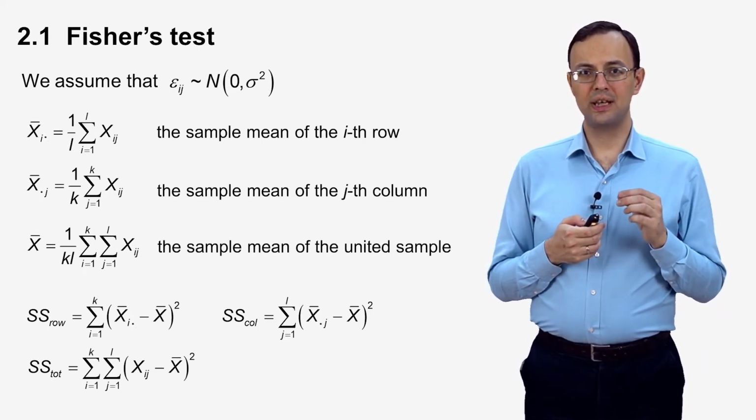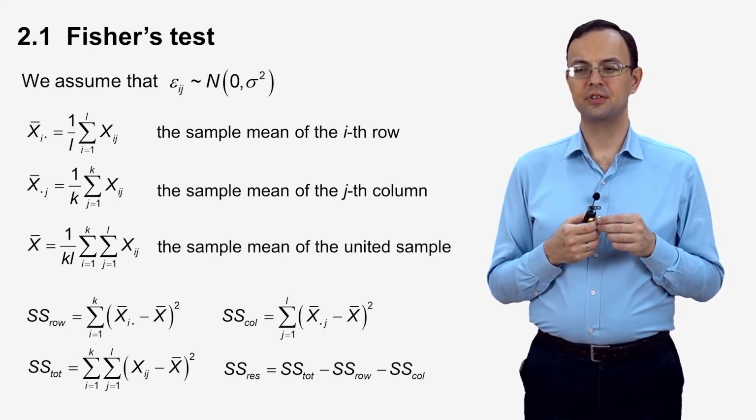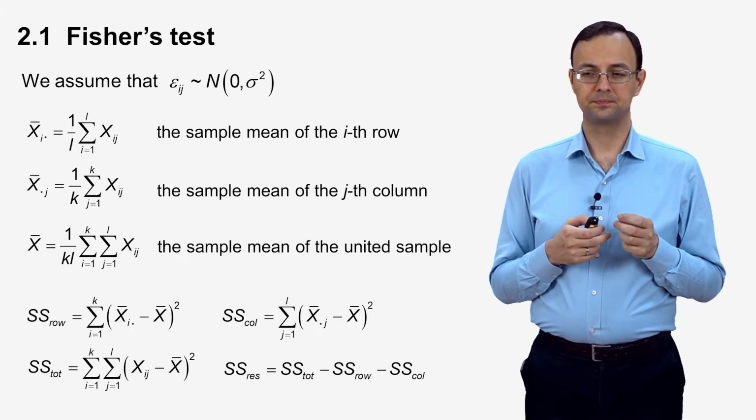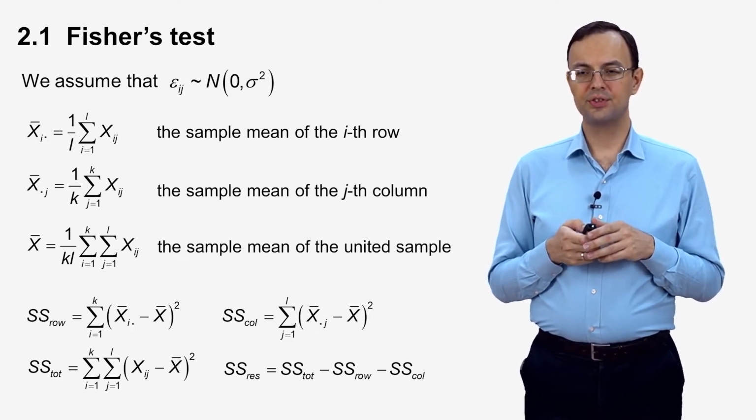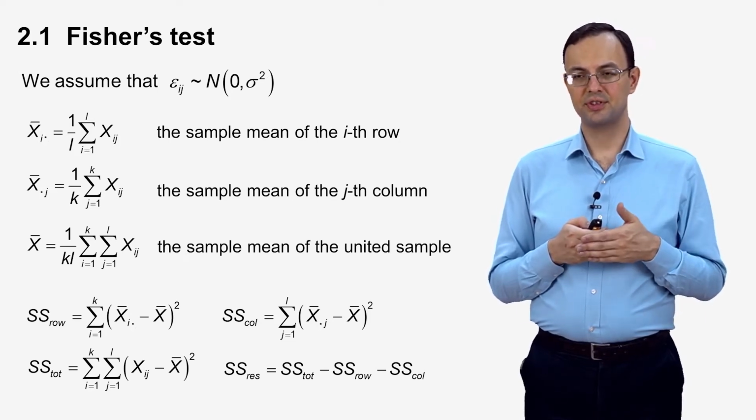And then we find the residual sum of squares. The residual sum of squares is total sum of squares minus sum of squares for the rows minus sum of squares for the columns. And after all these auxiliary statistics are found, we can test a hypothesis.